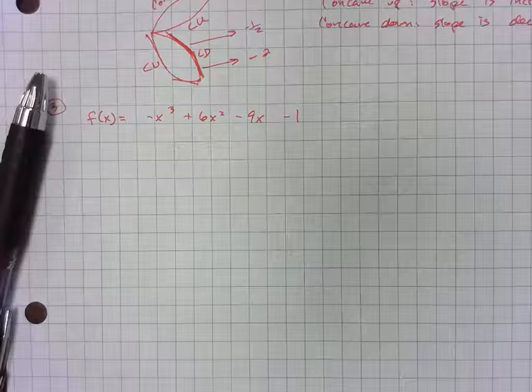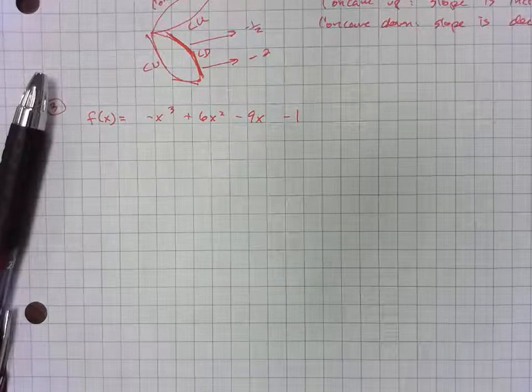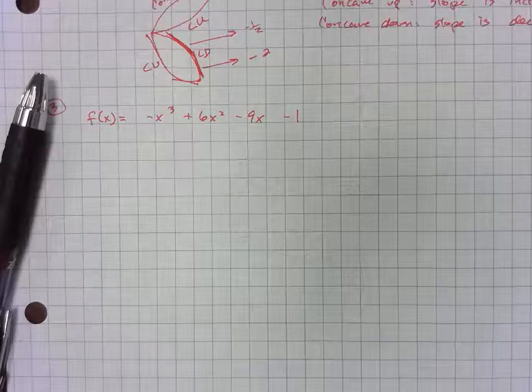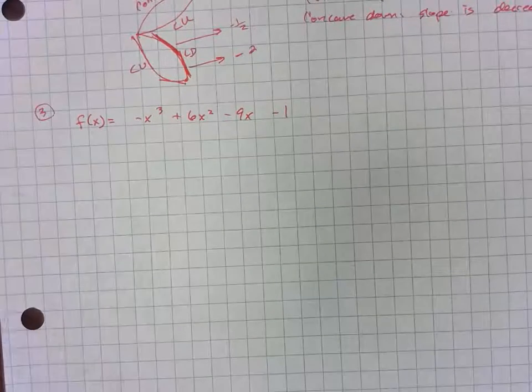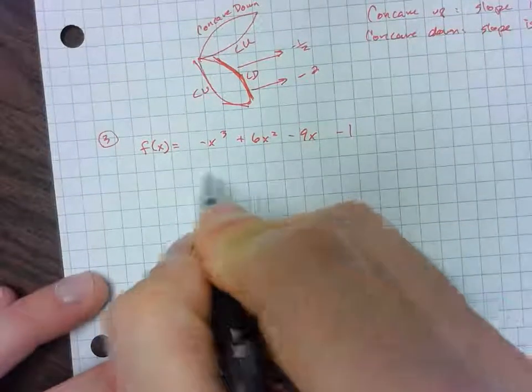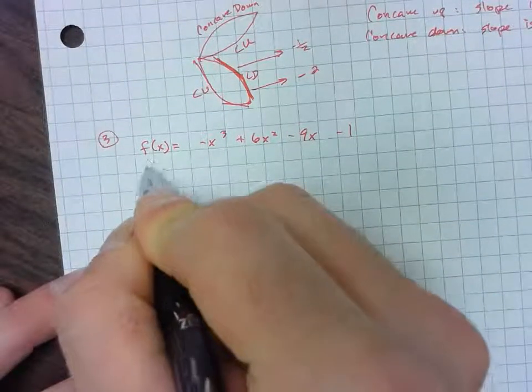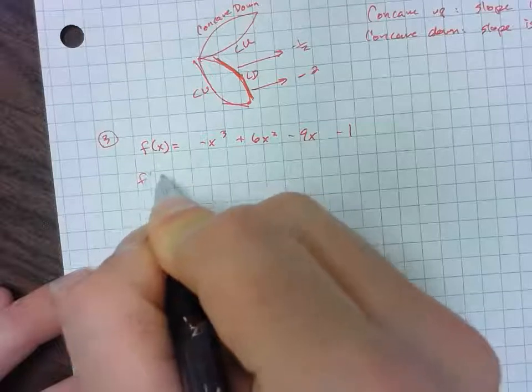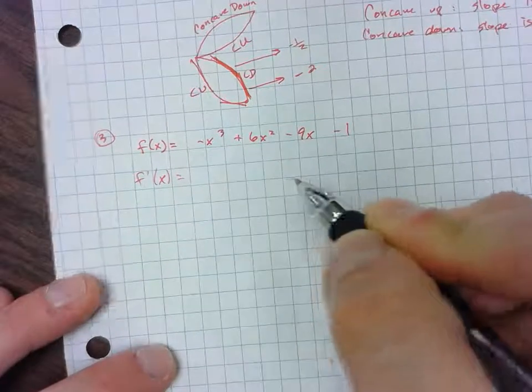Okay, in order to test for concavity without looking at a graph, which is the idea, because we don't want to have to graph all of these all the time, we need to find the second derivative. So let's first find the first derivative, and then from there we'll find the second derivative.